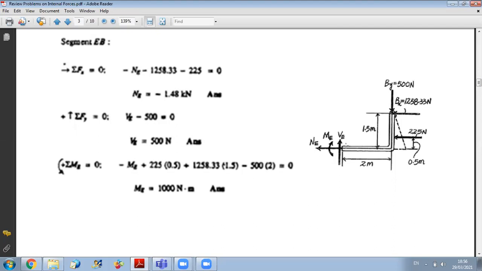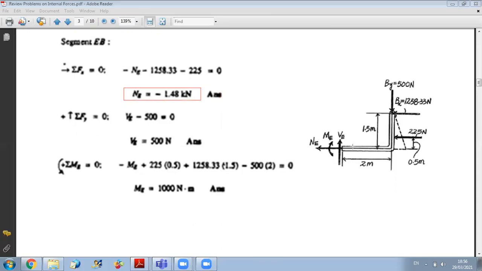First, to get NE, I do sum of x equals 0: NE minus Bx minus 225 equals 0. So NE should be in the opposite direction because it should oppose these two forces, and you will get a negative result for NE. This means that your structure at E is undergoing compression.